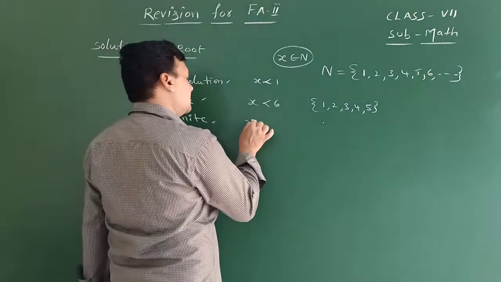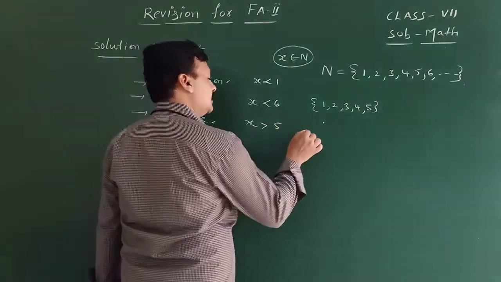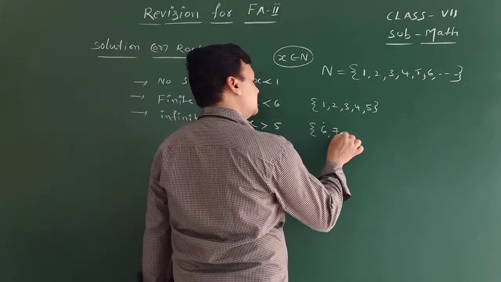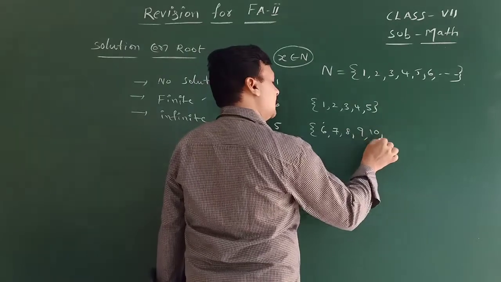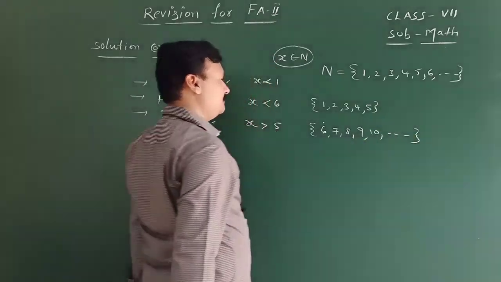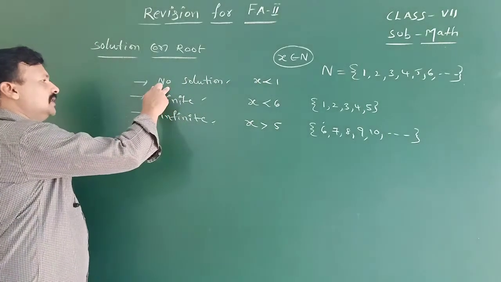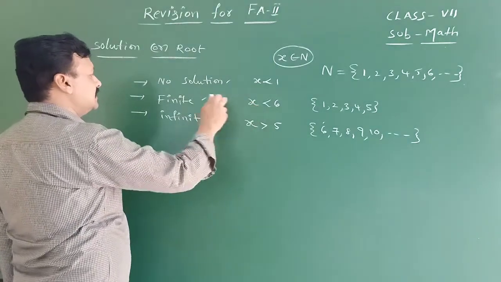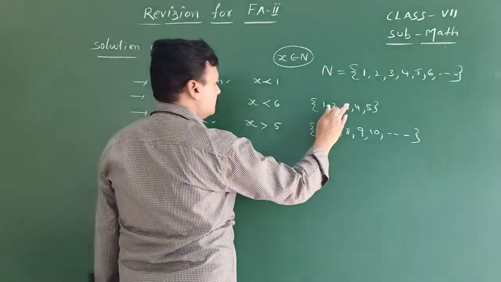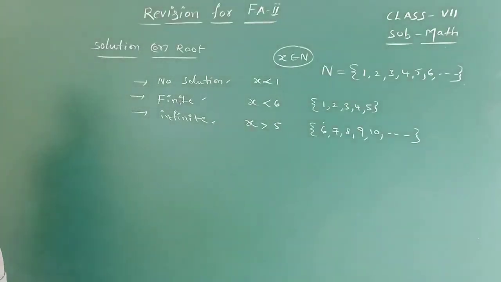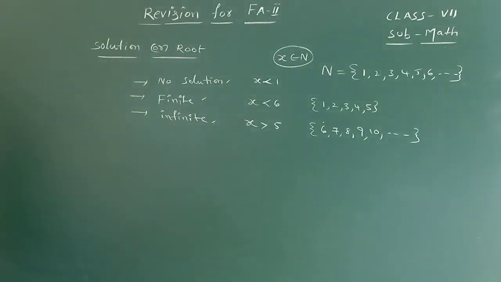Now x > 5 is given: 6, 7, 8, 9, 10 and so on. For the replacement set N = 1, 2, 3, 4, 5, 6, 7, 8 and so on, the natural number set: x < 1, no solution. x < 6, a finite number of solutions. x > 5, an infinite number of solutions.